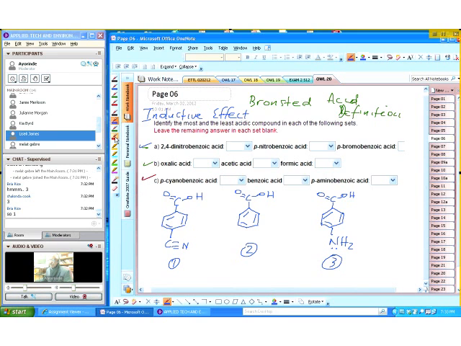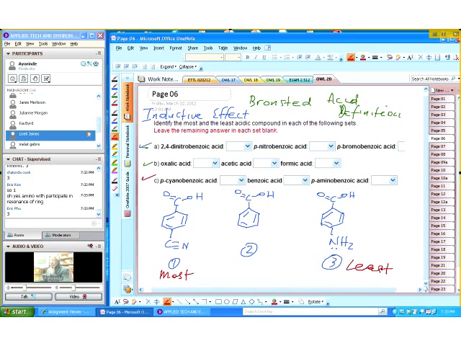So, okay, great, BR said 1. Okay, so this will be the most acidic. Which will be the least acidic? Okay, least acidic, number 3. Very good. That will be the least acidic.